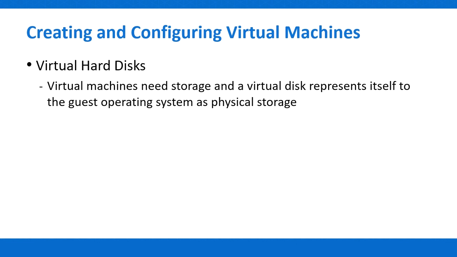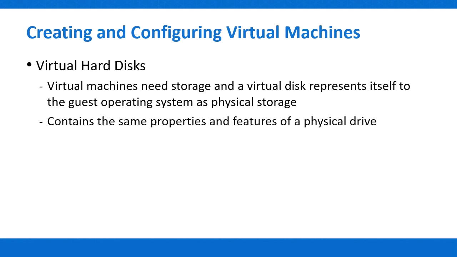The virtual disk file actually resides on the host computer, but it's seen by the guest virtual machine. On the host computer it is just a single file, but on the guest, it's seen as a regular drive would be. It contains the same properties and features of a physical drive, like your disk partitions, file system, files and folders, those kinds of things.